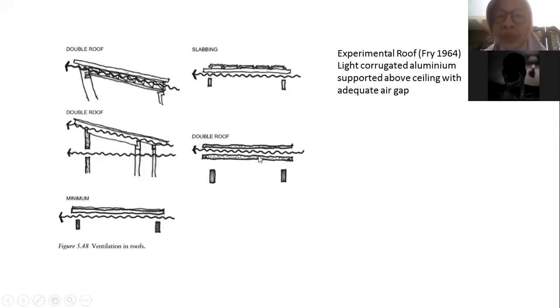An adequate air gap between two materials of the roof should be provided to have the role of insulation. That is, to prevent heat from the roof reaching the occupied zone.